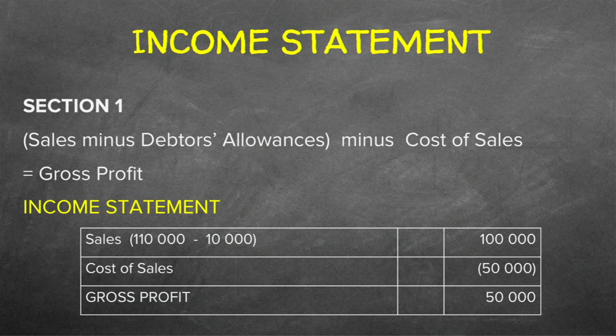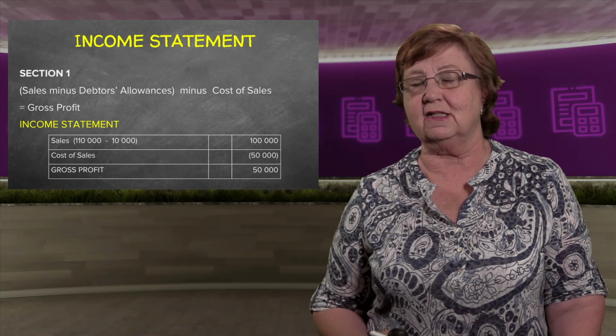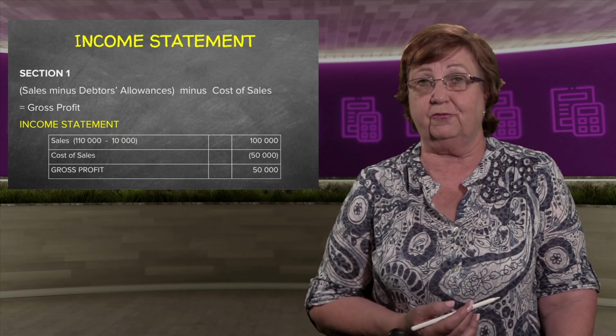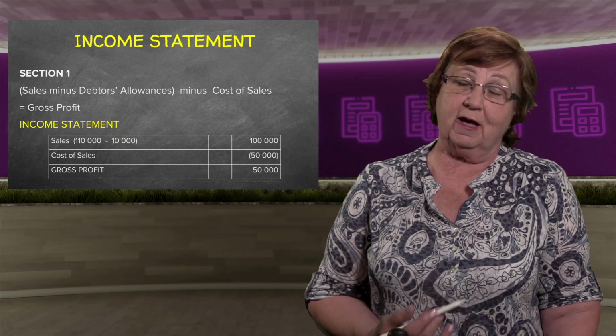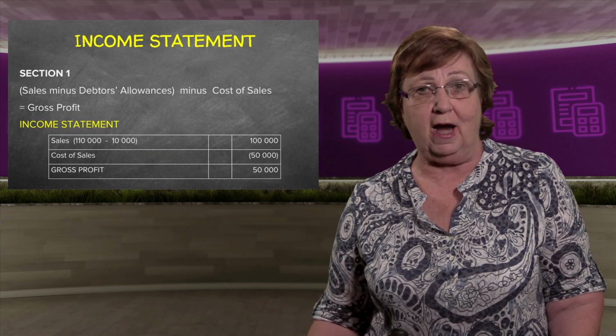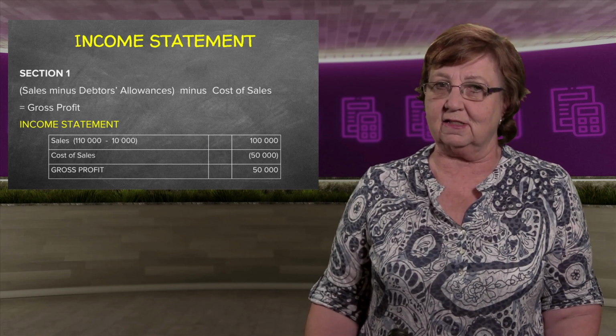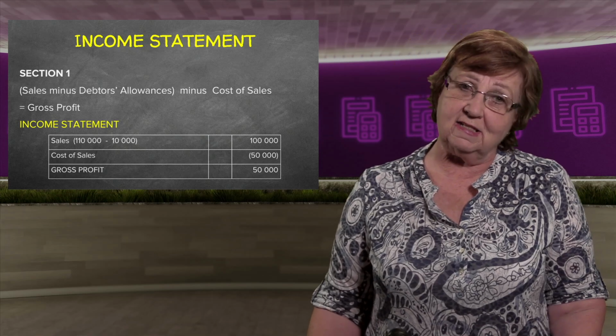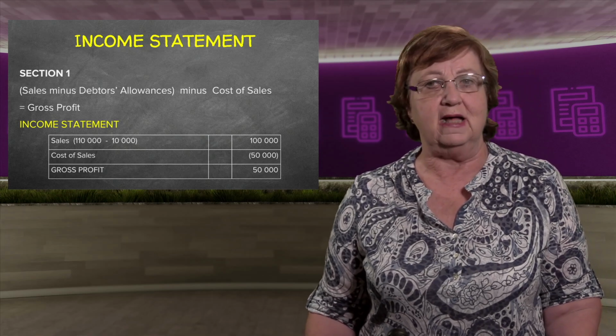Just a little bit of refreshment. Debtors' allowances is when the debtors return goods which they have previously bought from us on credit, and so we can't count those as sales. Hence, we are going to subtract debtors' allowances. So we are now working with either turnover, net sales, or just known as sales.